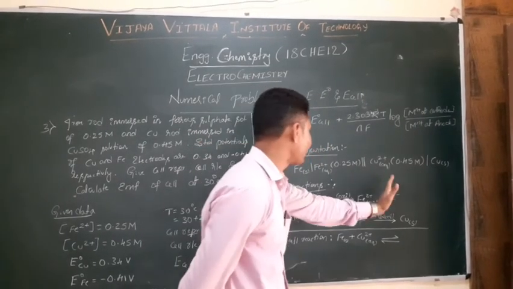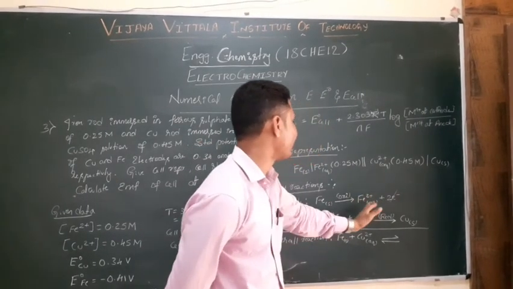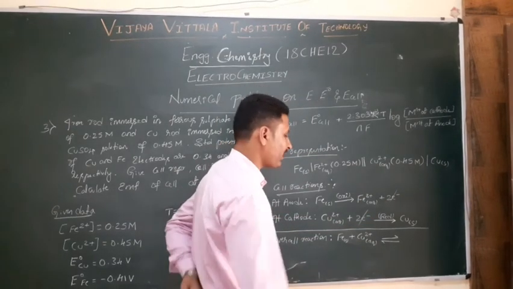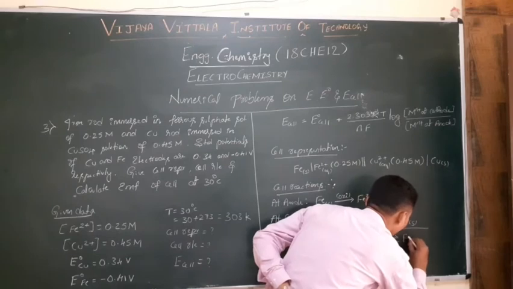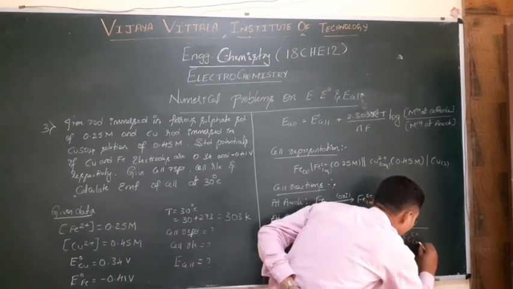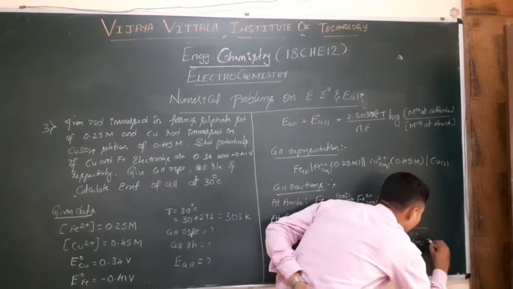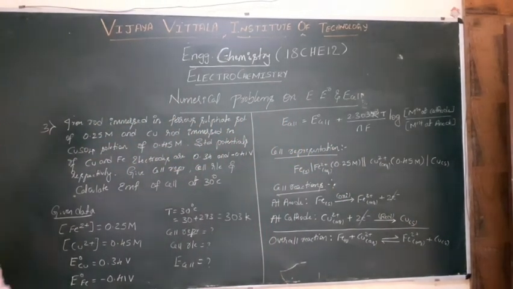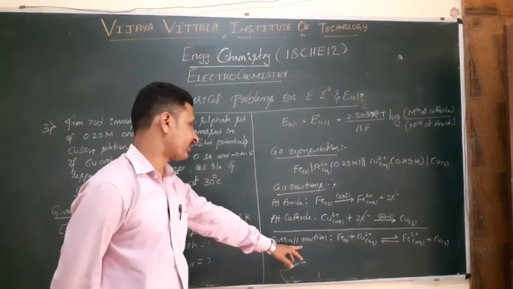On the right side, the remaining terms are Fe2+ aqueous plus copper. So this is the cell reaction.